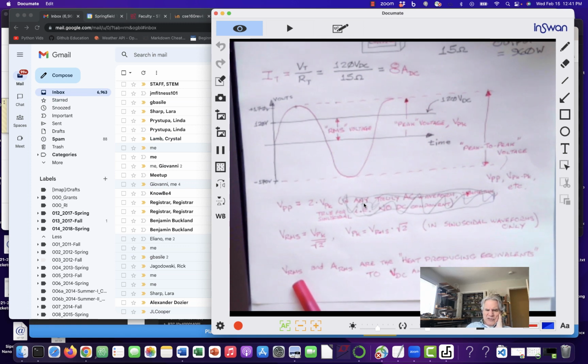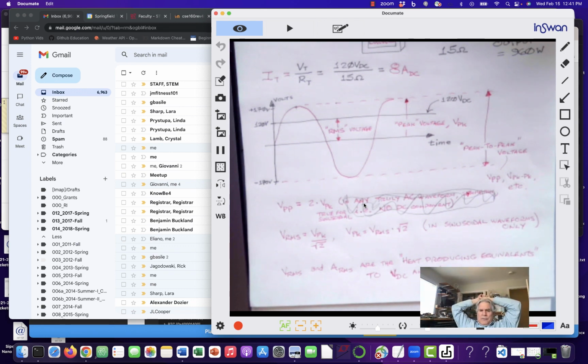Volts RMS, this is in AC, and amps RMS are the heat producing equivalents to VDC and ADC. So if you're producing any heat, doing any real work, you'll want to make sure that you are using the RMS values.